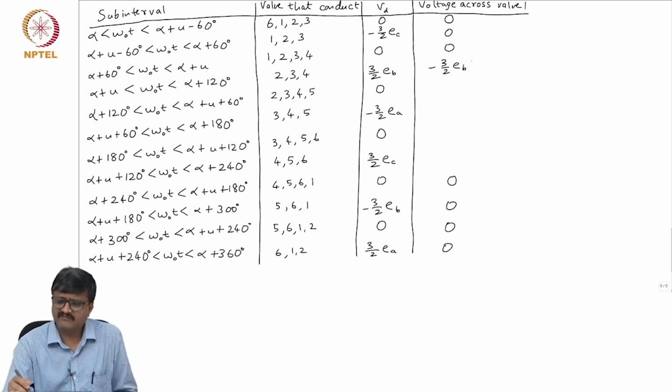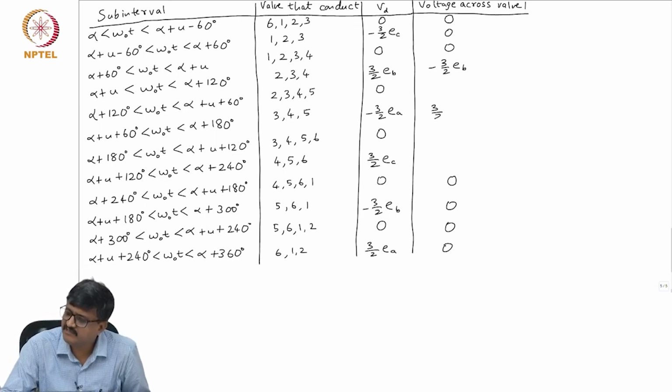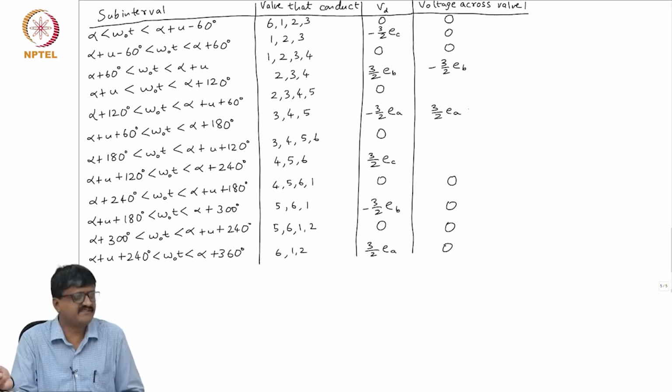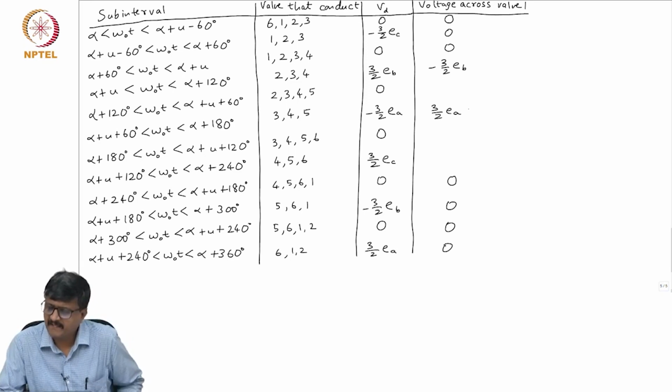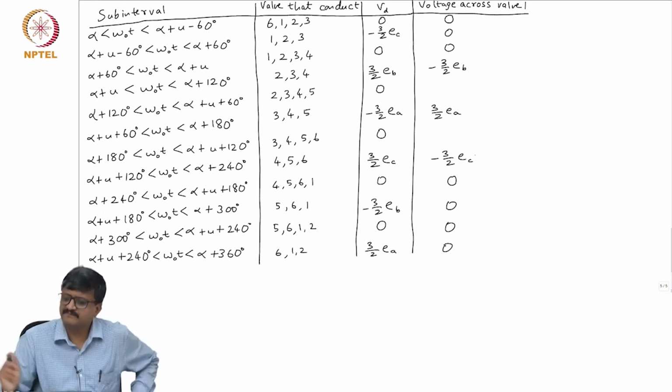We also have the result for the subinterval when valves 3, 4 and 5 are conducting. It is equal to minus Vd. So this is 3 by 2 Ea. And we also have the result, this is from the previous table, that's all. So when 4, 5 and 6 are conducting, voltage across valve 1 is minus Vd. So this is minus 3 by 2 Ec.